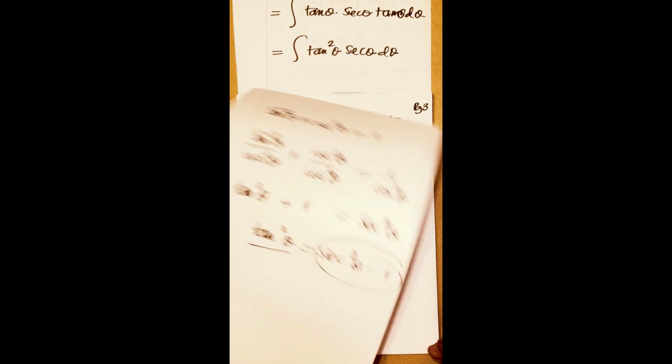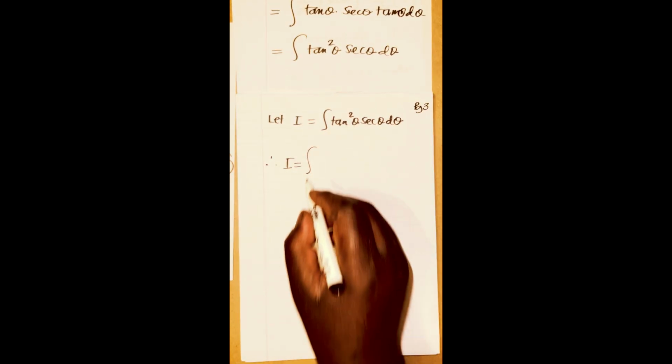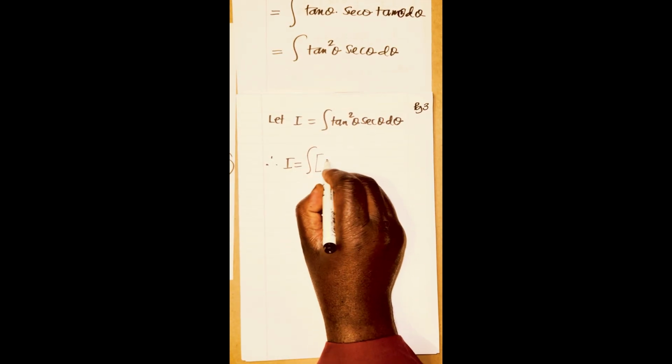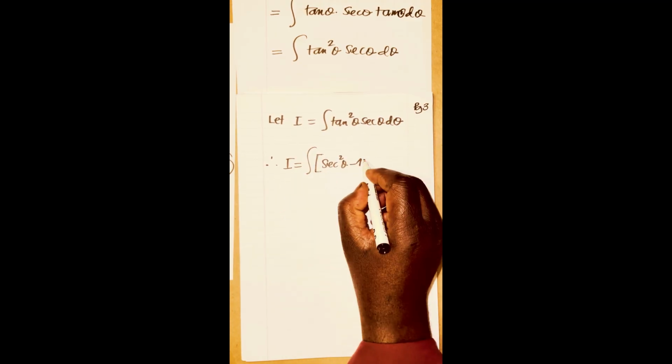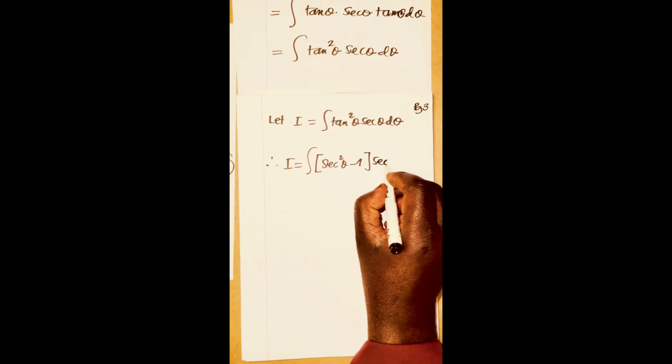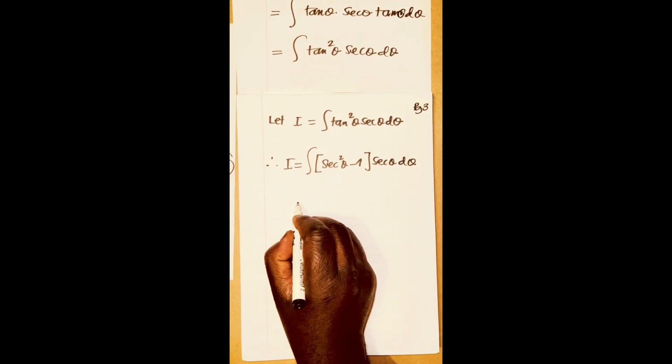Looking at this expression here, I can replace tan squared by that expression. So what I have now is sec squared of theta minus 1 times sec theta d theta. Over here, as you can see, is what I get.